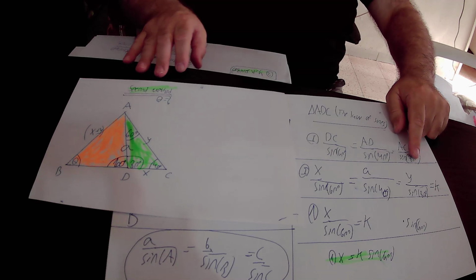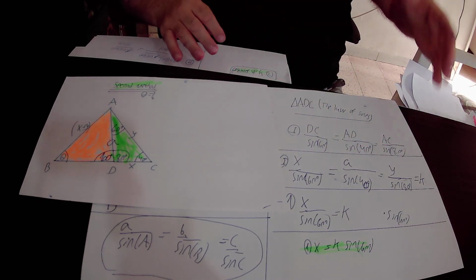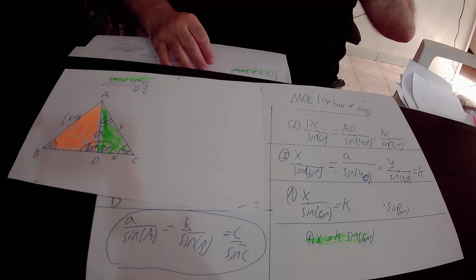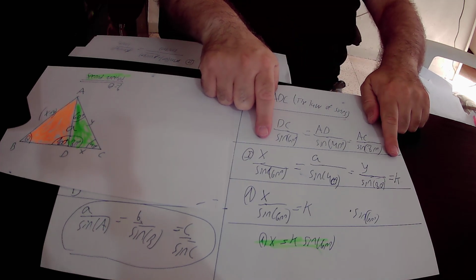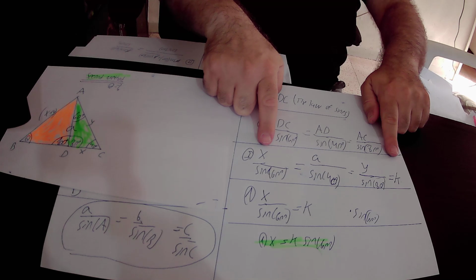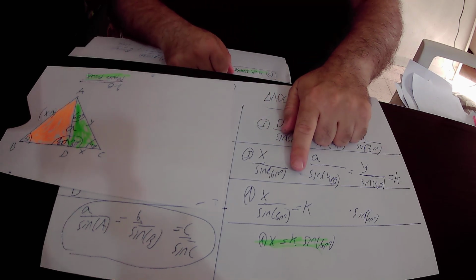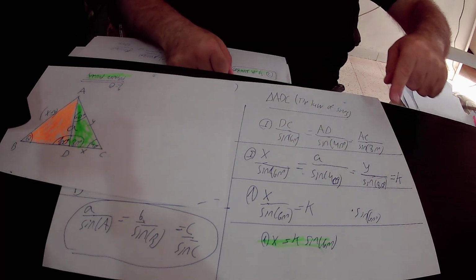And we defined those three expressions as equal to each other, so we called them k. Then we derived the first equation from the longer equation: x over sine 60 degrees equals k. We multiplied equation number 1 by sine 60 degrees and found out that x equals k times sine 60 degrees.